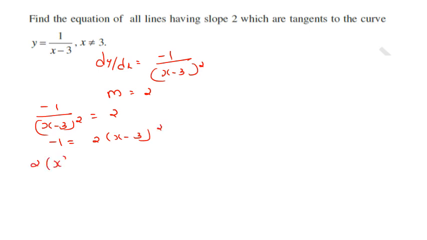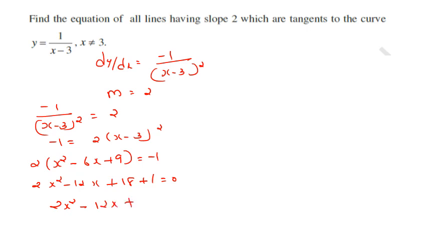So 2 into (x squared minus 6x plus 9) is equal to minus 1. So 2x squared minus 12x plus 18 plus 1 is equal to 0. Therefore 2x squared minus 12x plus 19 is equal to 0.